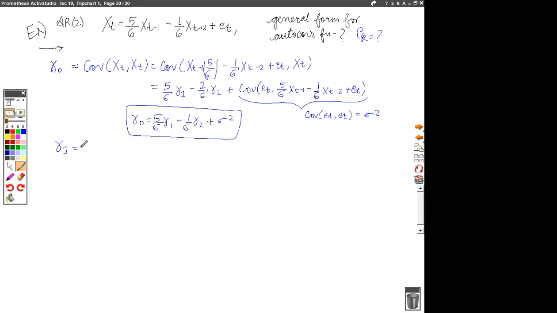I want the final answer in terms of gamma 0 and gamma 2, if there will be gamma 1, gamma 0, gamma 2. Final answer. Anyone?